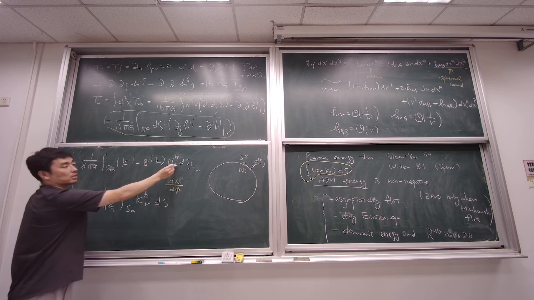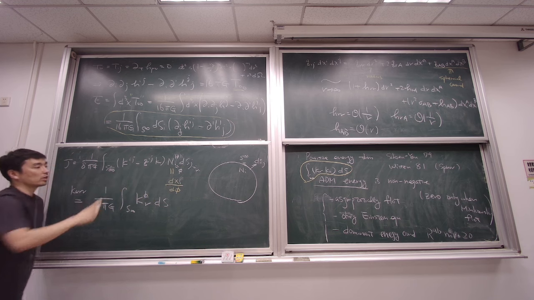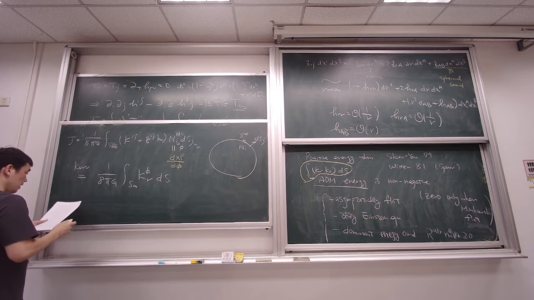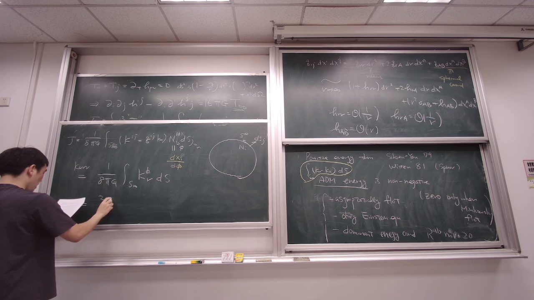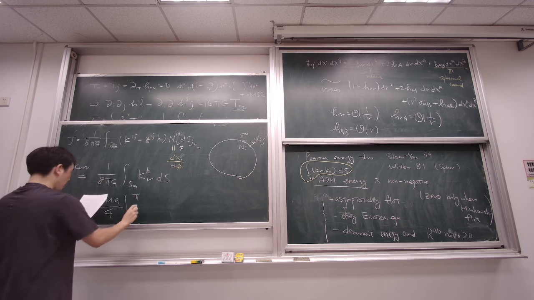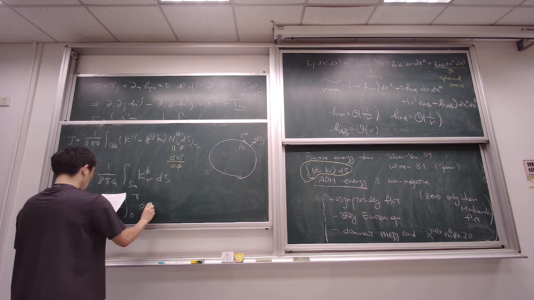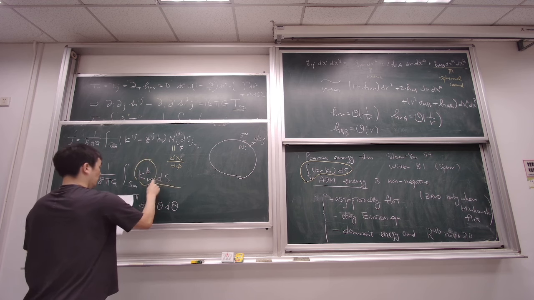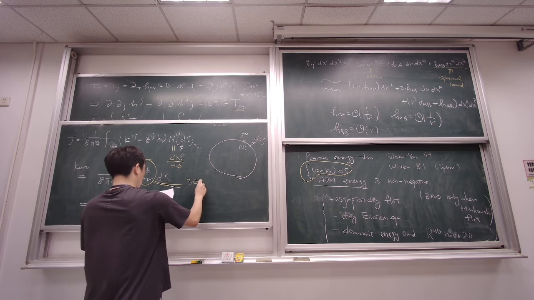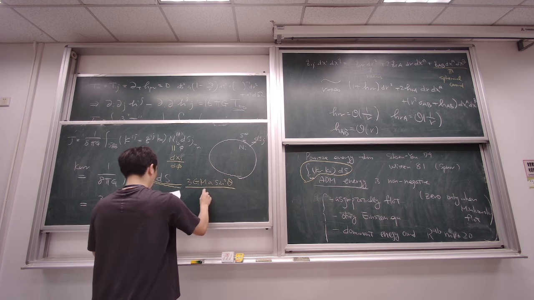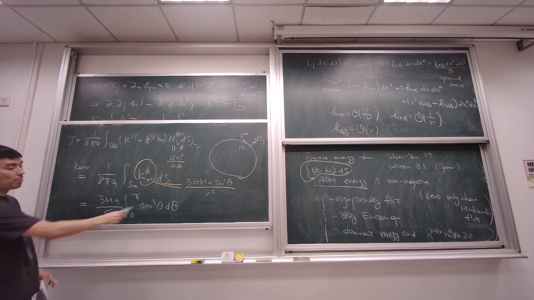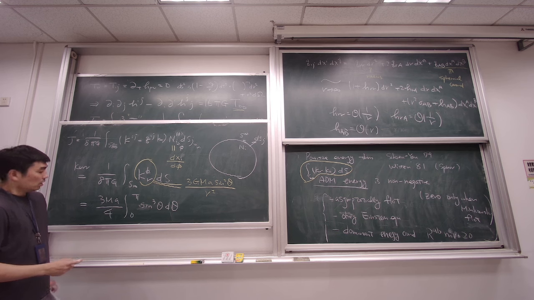So I take phi and j takes r, and you compute this and get 3 G M a sin cubed theta d theta, which is 3GMa sin squared theta over r squared.